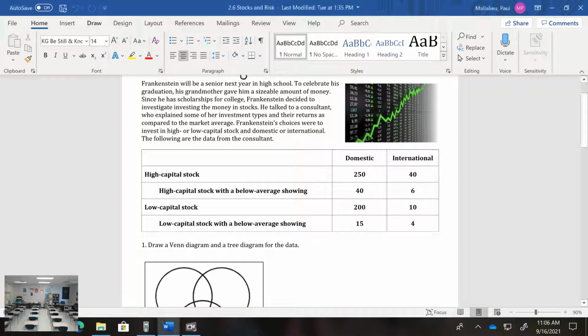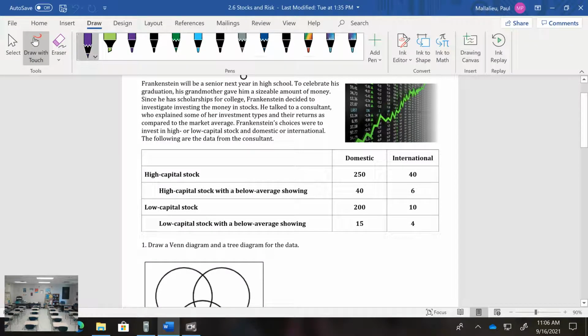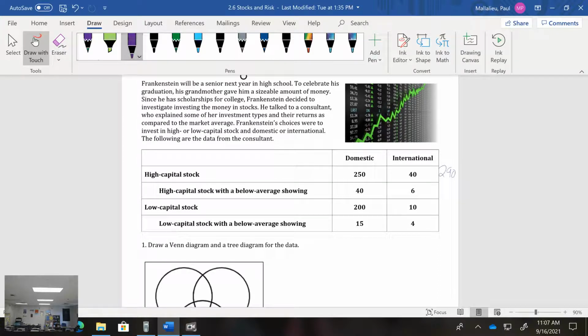So here we go. Some of the information is straightforward, like high capital stocks, there's 250 of them. International, there's 40. So what that means is there's 290 total. Let me switch so it's a little easier to see. There you go, 290.